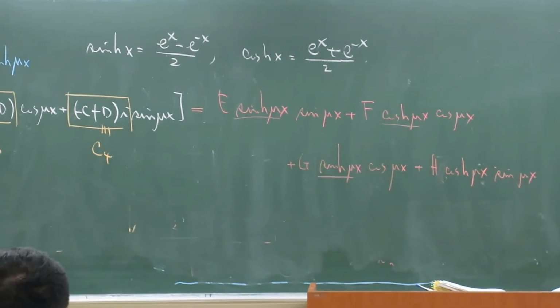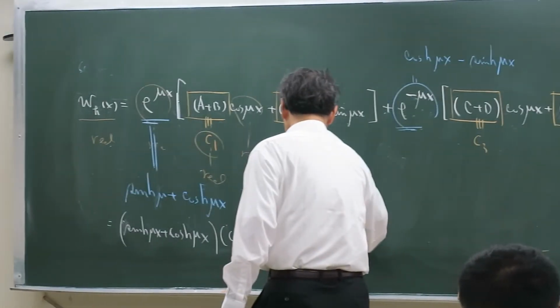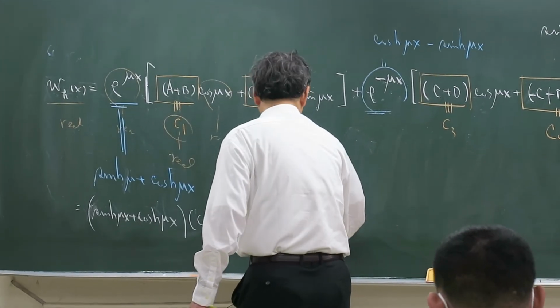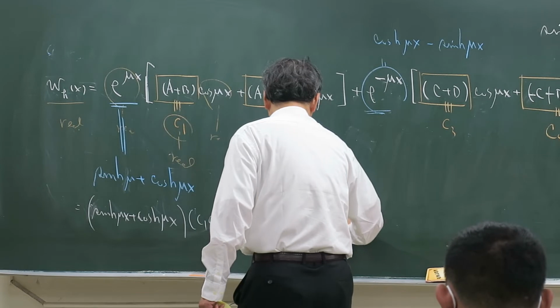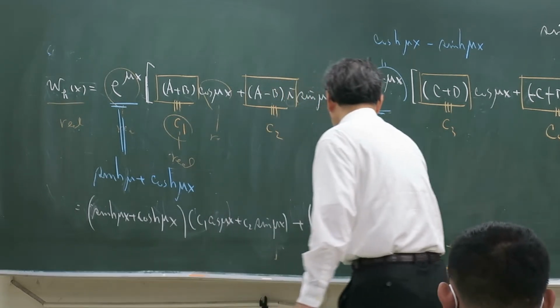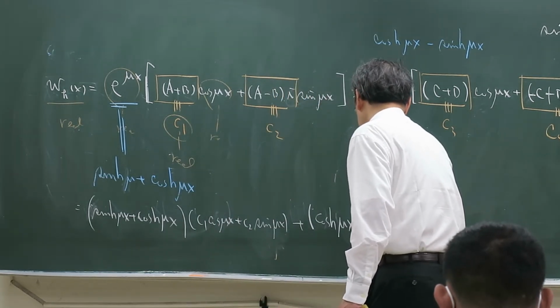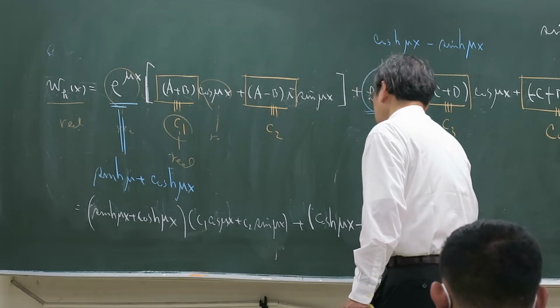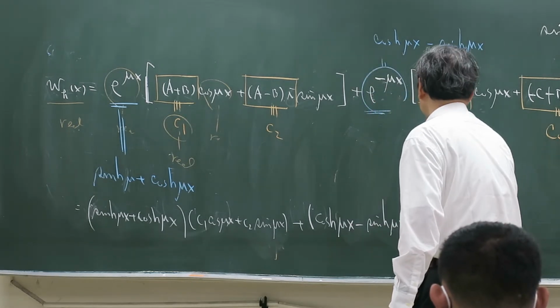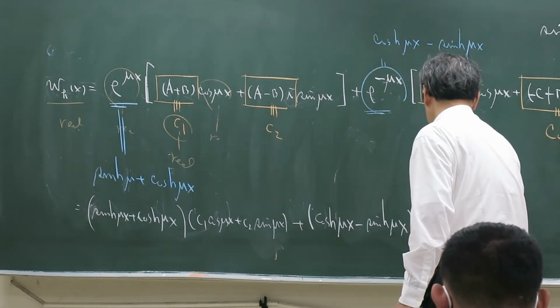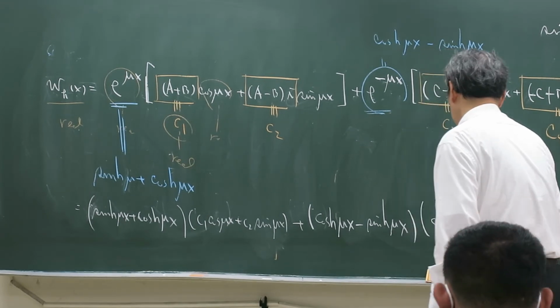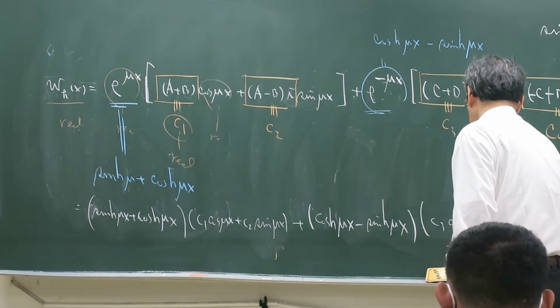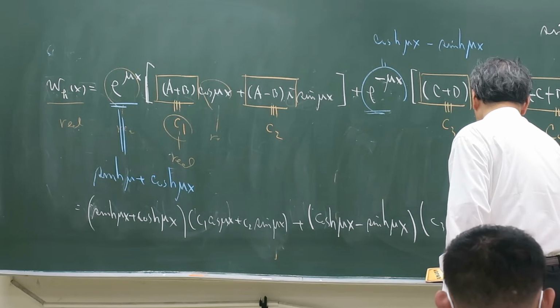Then from here, this equation will equal to plus hypercosine mu x minus hypersine mu x times C3 cosine mu x plus C4 sine mu x.